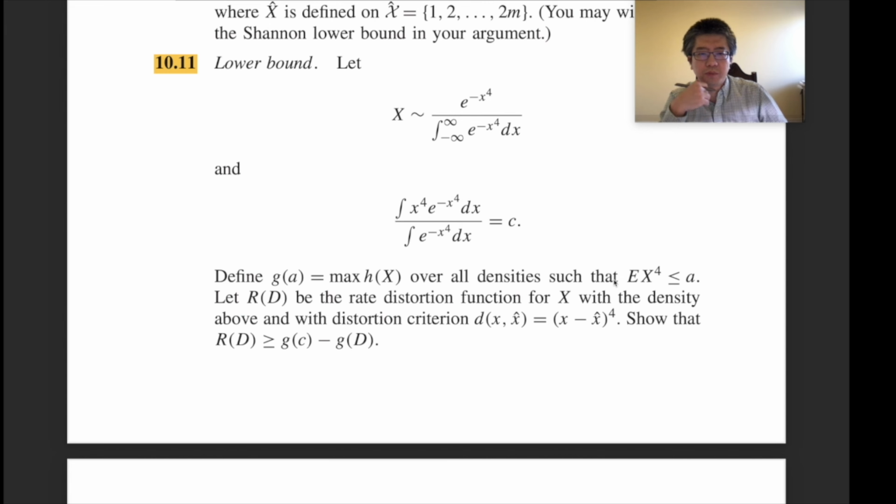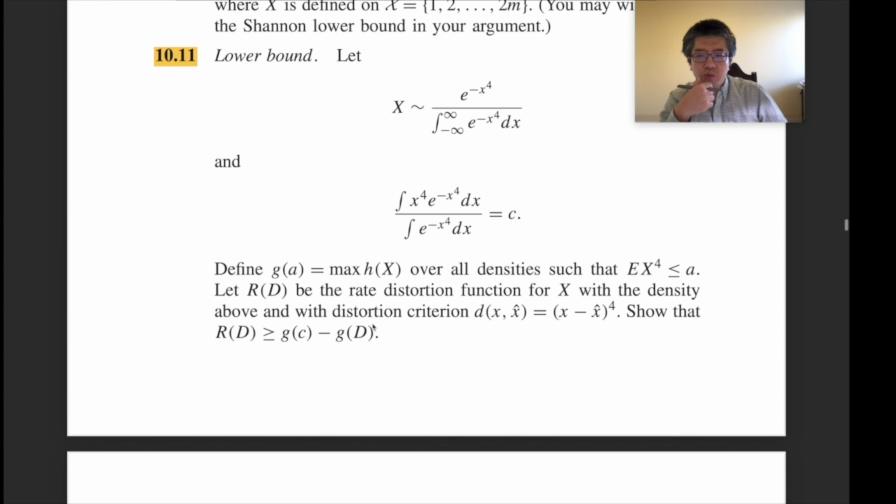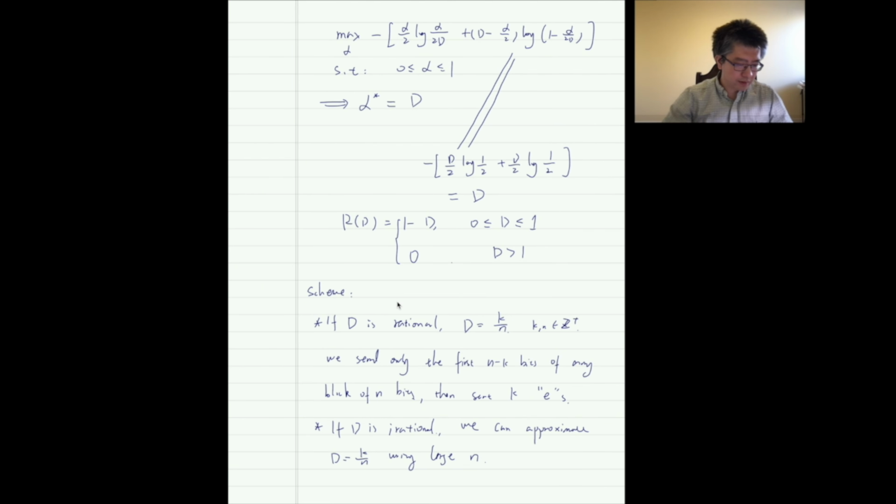Okay, so the fourth moment. Okay, so now assume that R(D) is a rate distortion function subject to this fourth power distortion criterion there, and we want to show that this rate distortion function is lower bounded by this guy. Okay, so let's see how we can solve this problem. Yeah, this is another kind of tricky problem. Okay, so let's see how we can solve it.